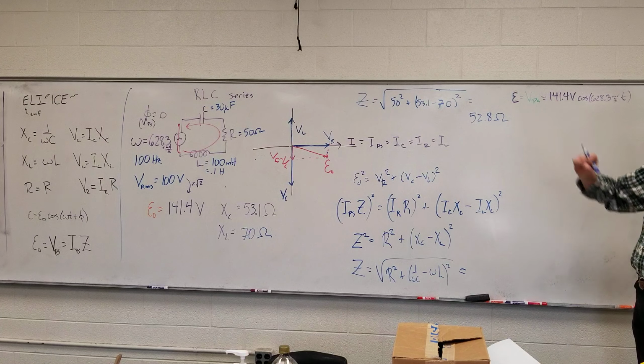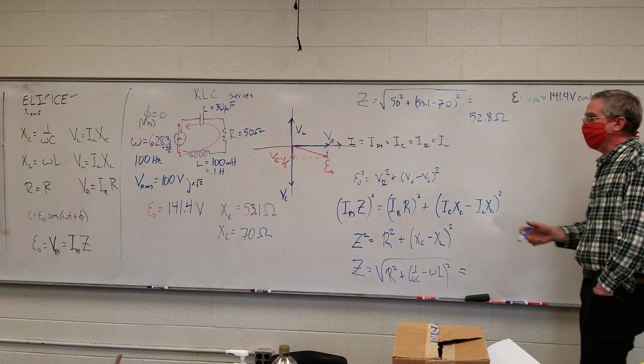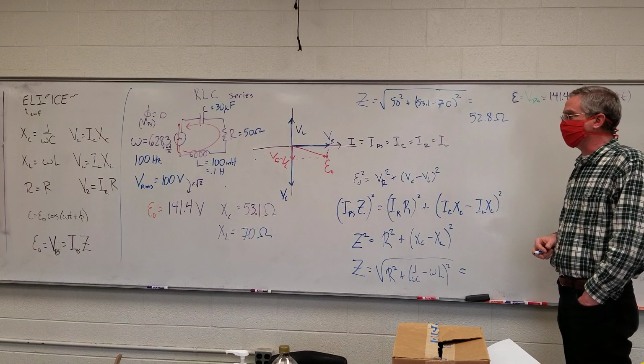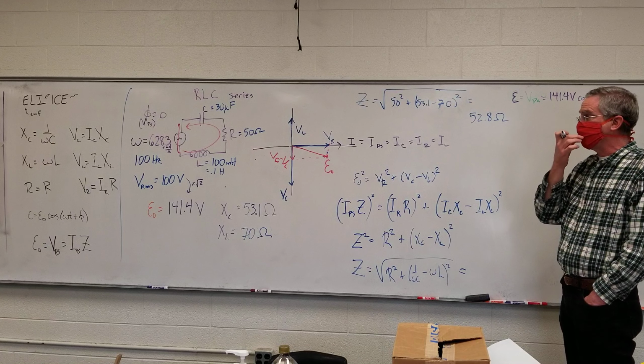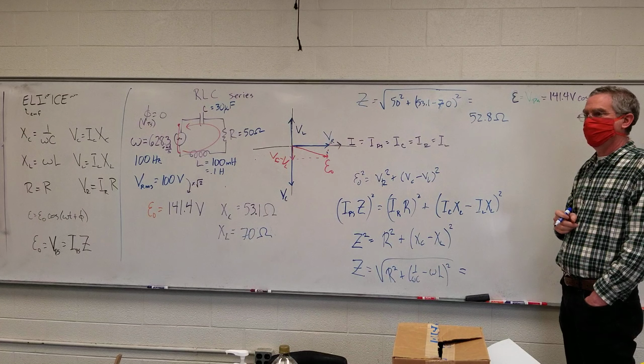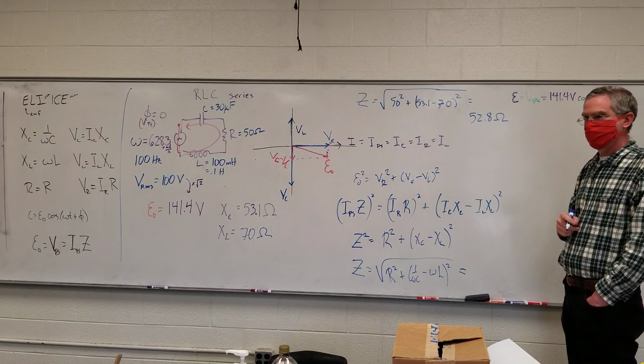All right, so I know the impedance now. I know what the overall resistance equivalent of the circuit is. I know what my maximum voltage is coming out of the power supply. What is the maximum current? Or how would you find it?